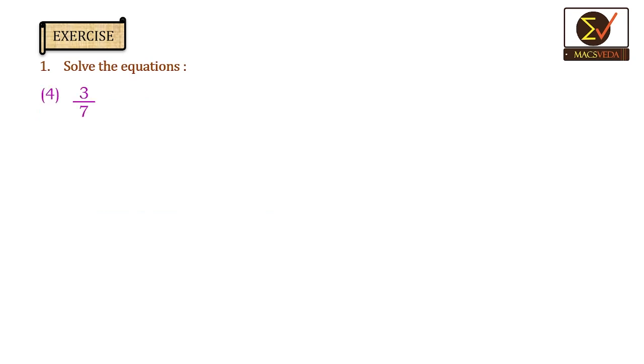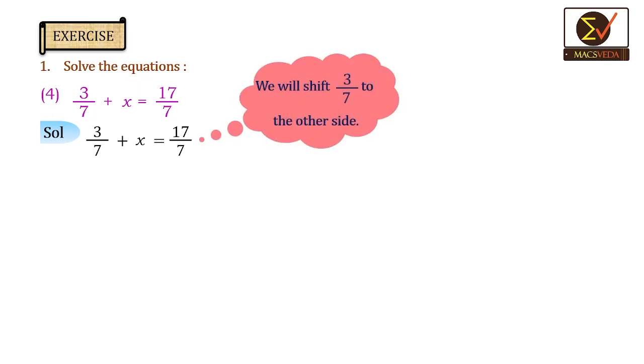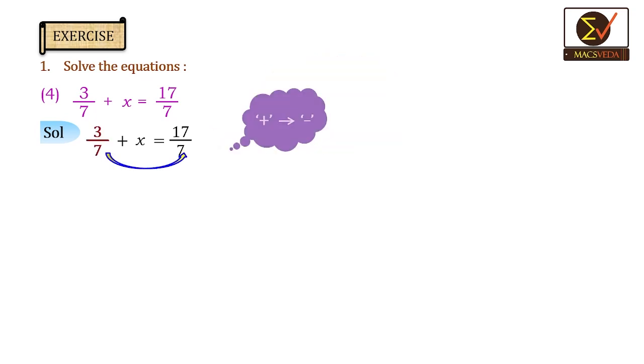Let's look at another example. 3 by 7 plus x is equal to 17 by 7. Now this equation has fractions, but the principle remains the same. We will keep the variables on one side and the numbers on the other side, which means we are shifting 3 by 7, which is on the left hand side, to the right hand side. When you shift, you have to change the sign as well.